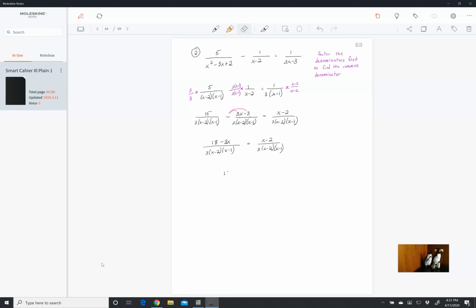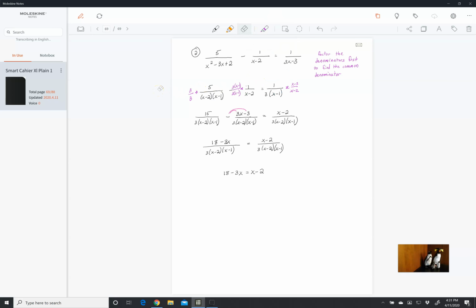So now we have 18 minus 3x is equal to x minus 2. Okay, so we ignored the denominators, and now we're up to the point where we can solve. This is a linear equation. We're going to get all of the x's over to one side, all of the numbers, the constants, over to the other side.